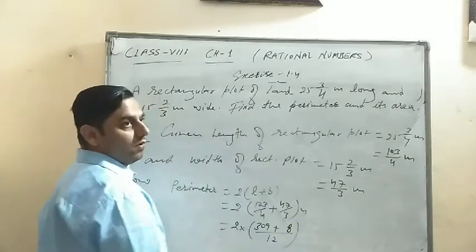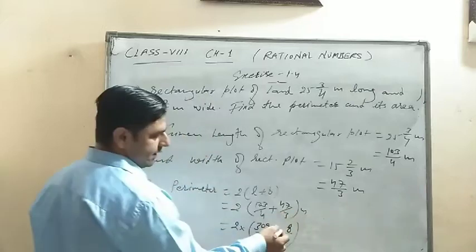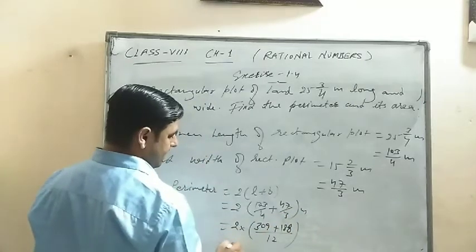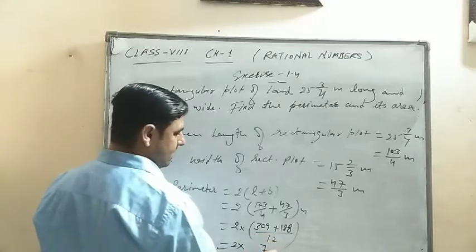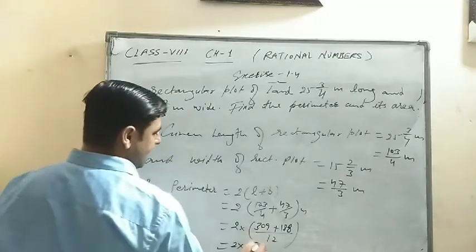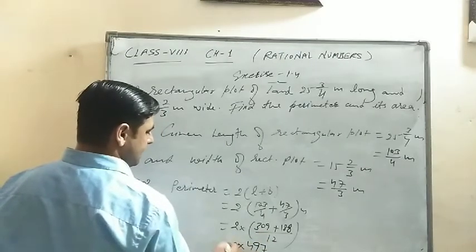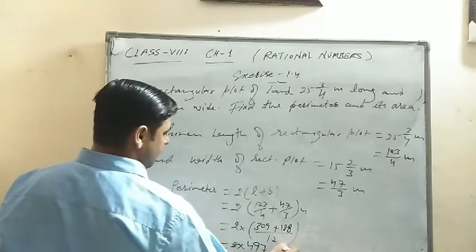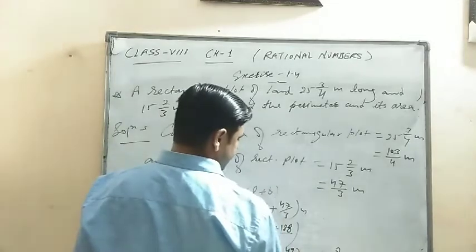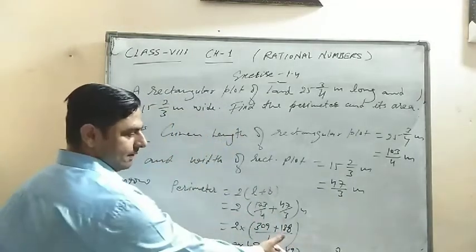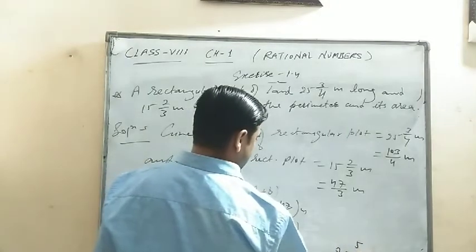So 9 plus 28 is 37... then 4 by 12, then 2 6 is 12, so 4 9 7 by 6 meter. Its meaning is 6 8 is 48, 6 2 is 12, then 5 upon 6 meter.